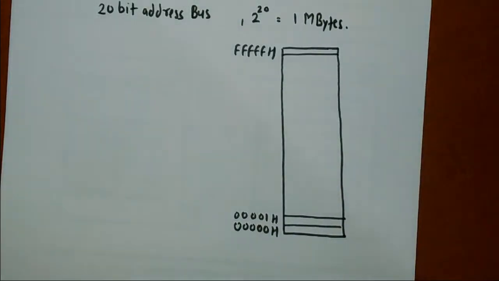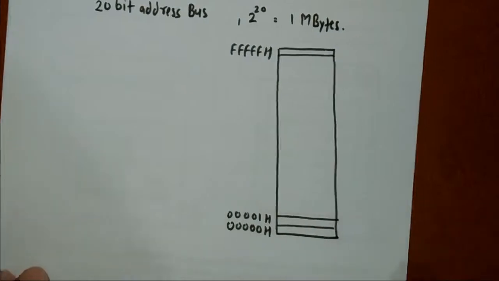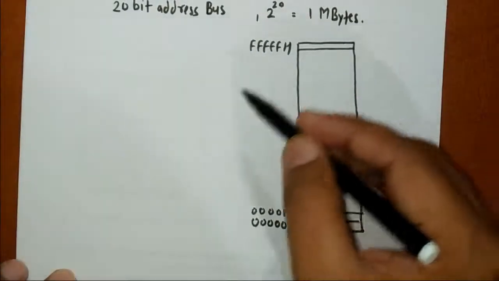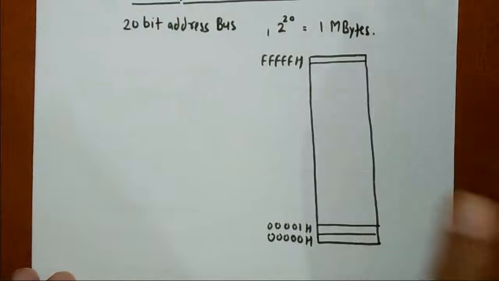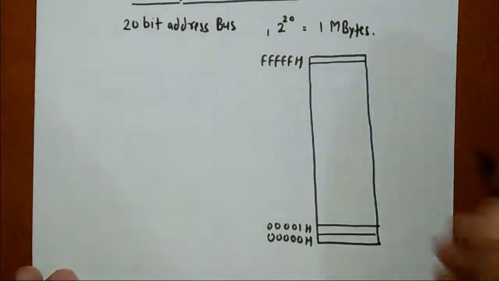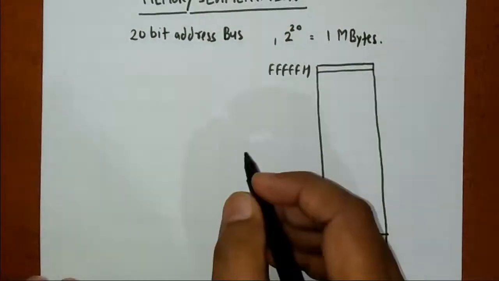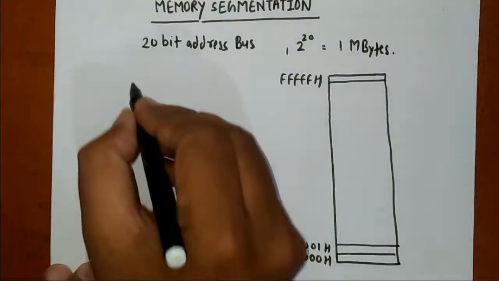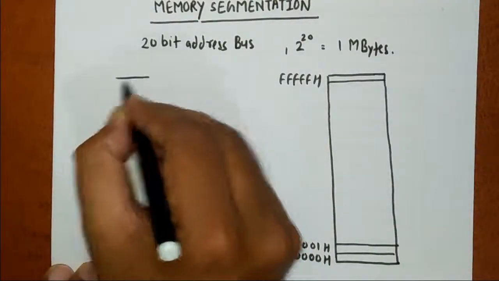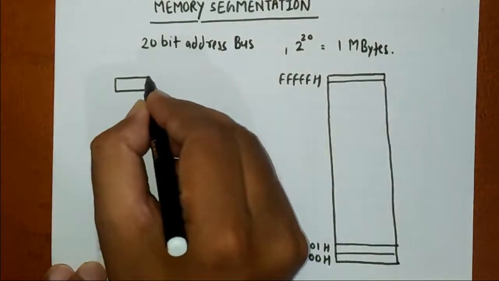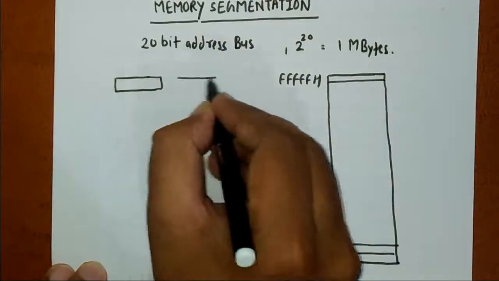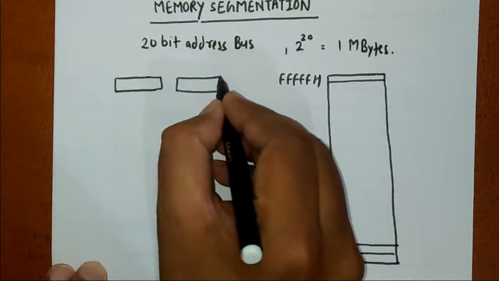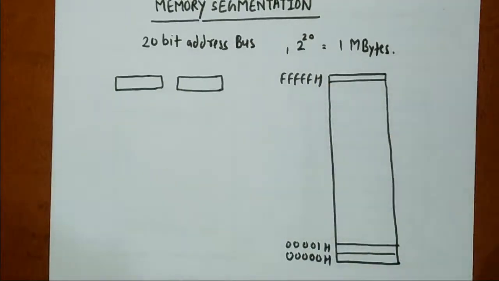memory location. Now these memory locations of 20 bits are represented using two 16-bit registers in 8086 microprocessor. That means 8086 microprocessor uses two 16-bit registers to get this 20-bit address, right?